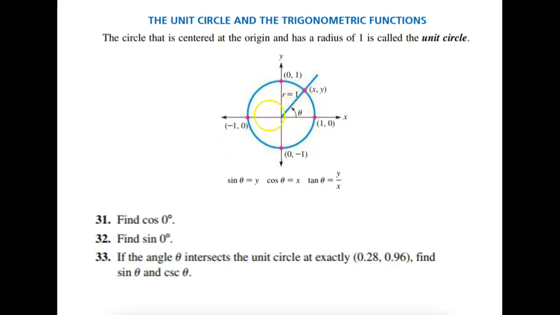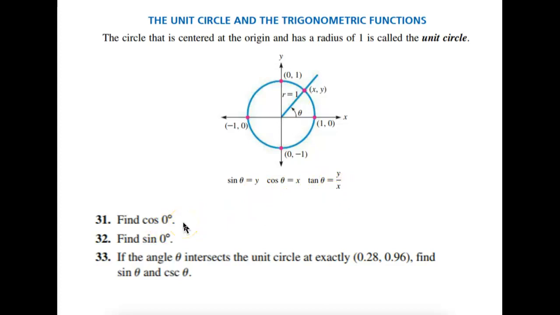It makes our computations a lot easier because if I'm looking for cosine of an angle, the cosine is just going to be x because it's x over r, and r is just 1. And the sine of an angle is going to be just y because that's y over 1. And the tangent is still y over x.